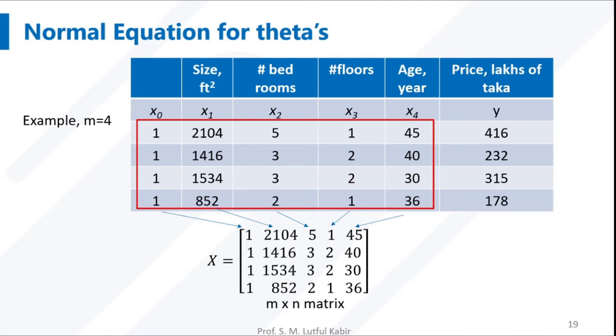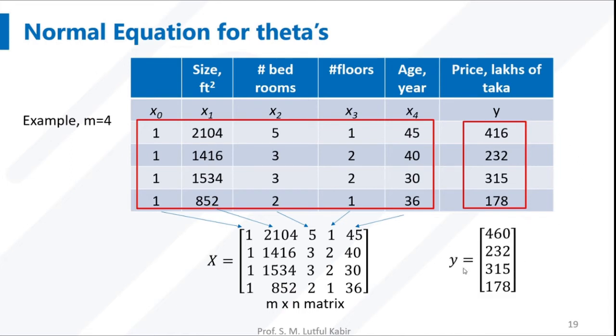Capital X consists of all the small x's for all the examples. On the other hand, the y data is kept in a vector called y, again coming from the column. This is an m-dimensional vector, that means a 4-dimensional vector. Once you get capital X and small y, you can get theta from the normal equation.